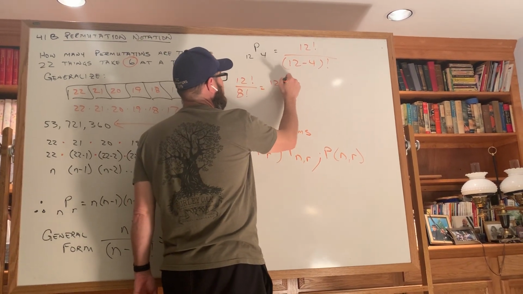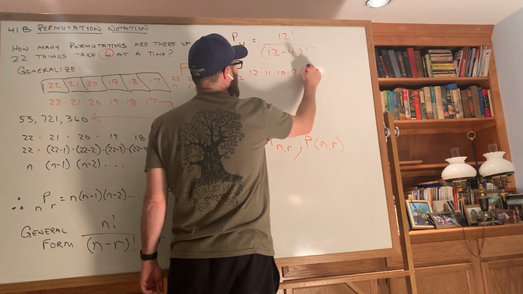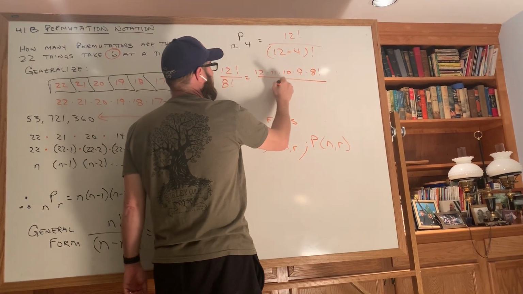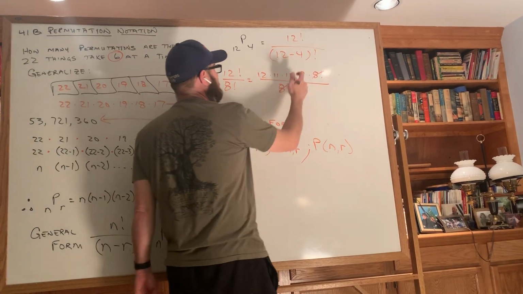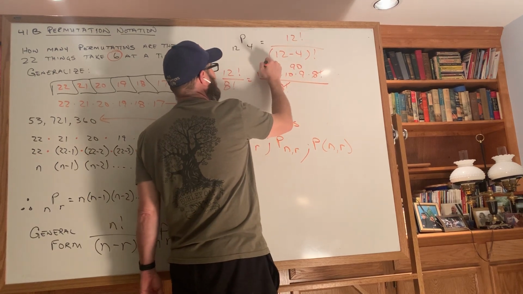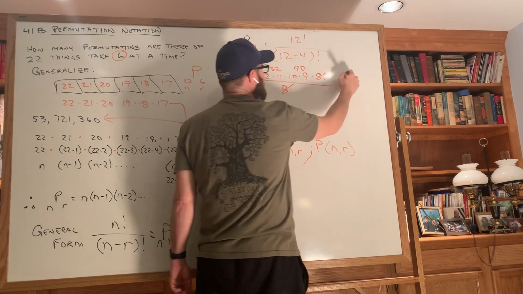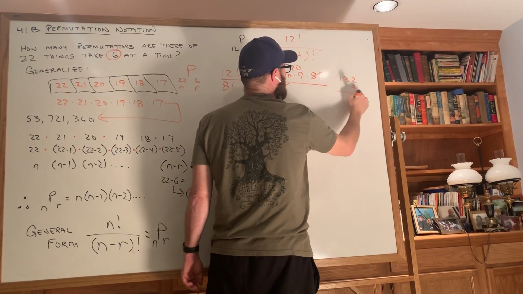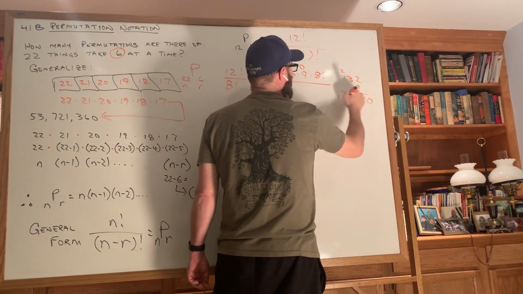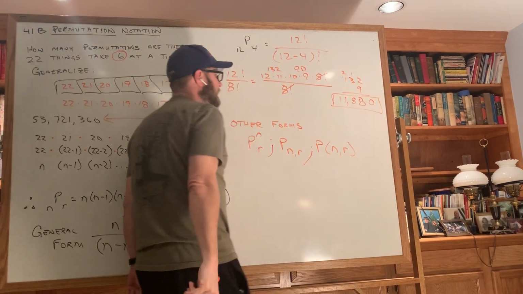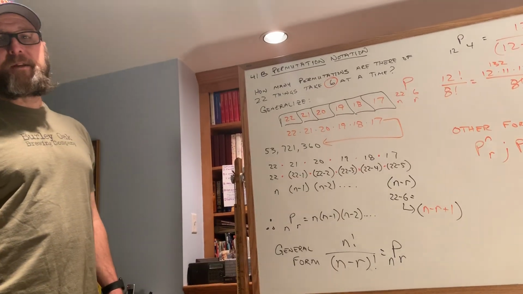So this is 12 times 11 times 10 times 9 times 8 factorial all over 8 factorial. Those are going to cancel. So I have 90 times 132. So 132 times 9 is going to give me 11,880 combinations there for that permutation.